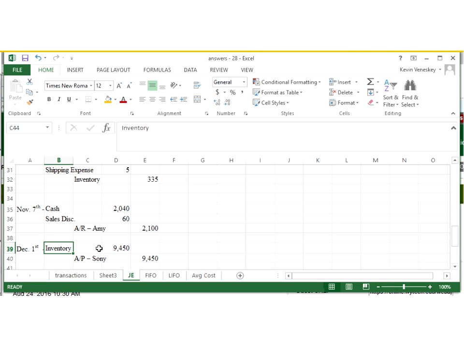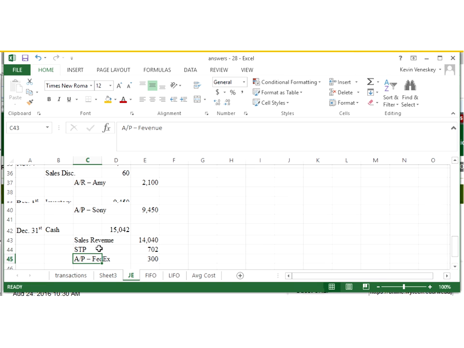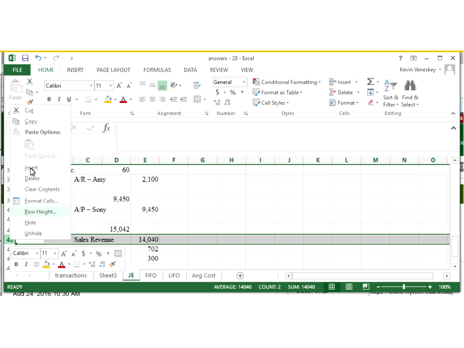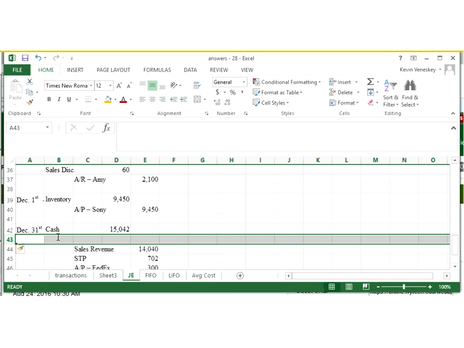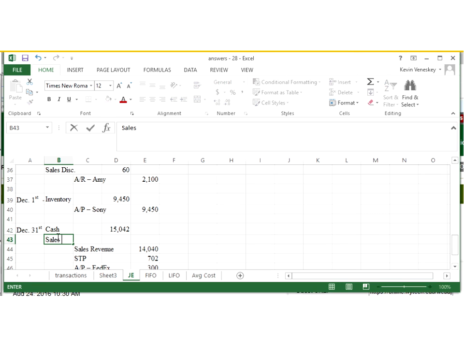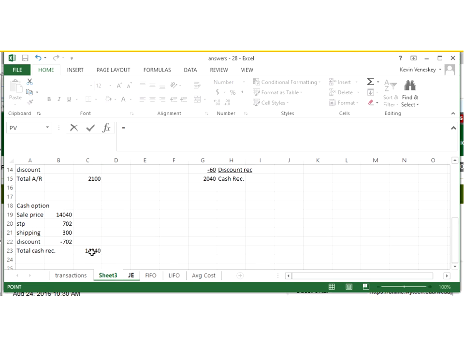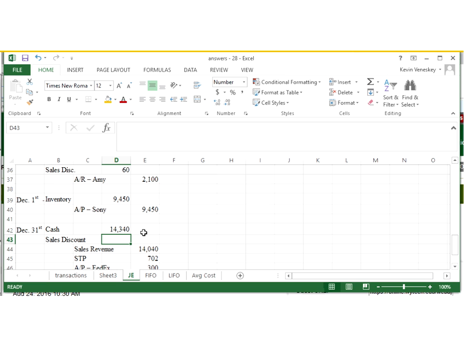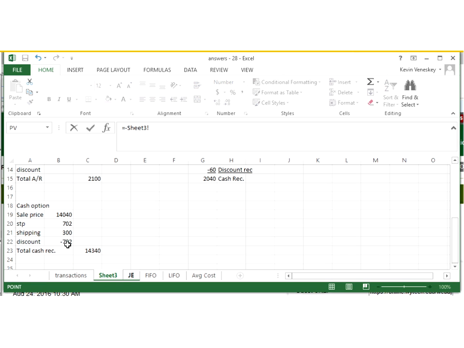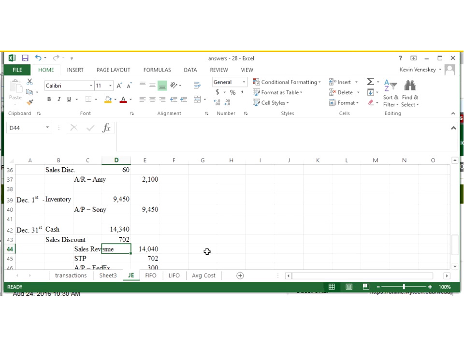Let's do our journal entry number 1 with this new information. And again, I'm going to need to update because I did not originally include that discount option. So we had a sales discount. We had cash coming in from what I just figured, $14,340. I offered a sales discount of $702.